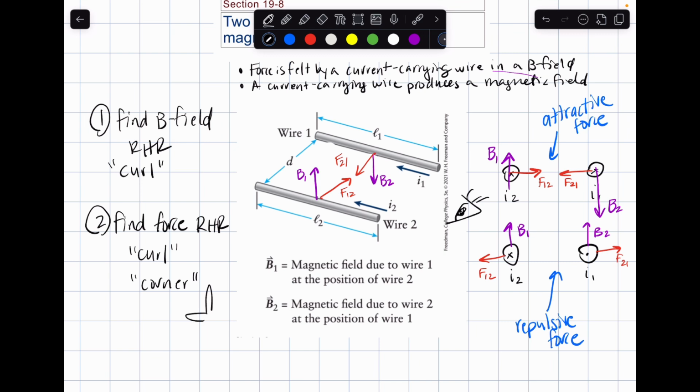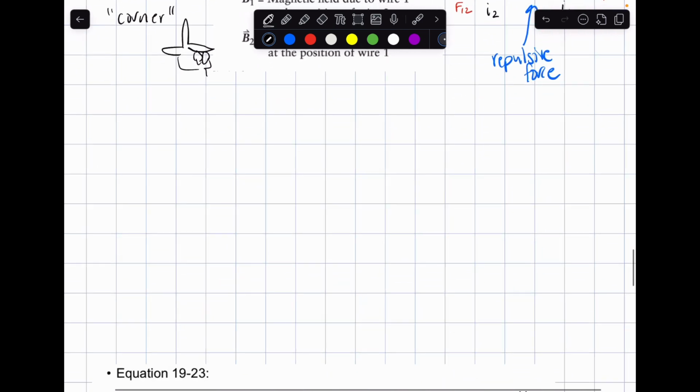Your thumb and your middle finger and right, something like that. One day I'll be better at drawing hands the more I teach this class. Right? So the curl or the corner works for finding the force, but for finding the magnetic field, you're pretty much always going to use the curl one. Okay, so that's the brief summary.